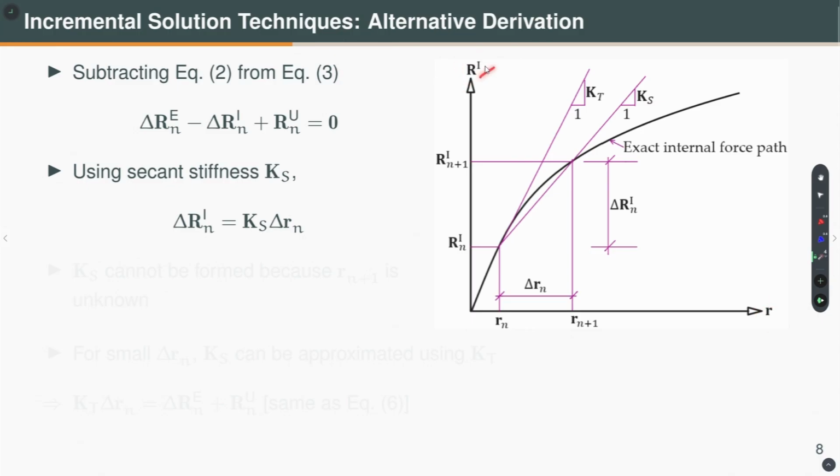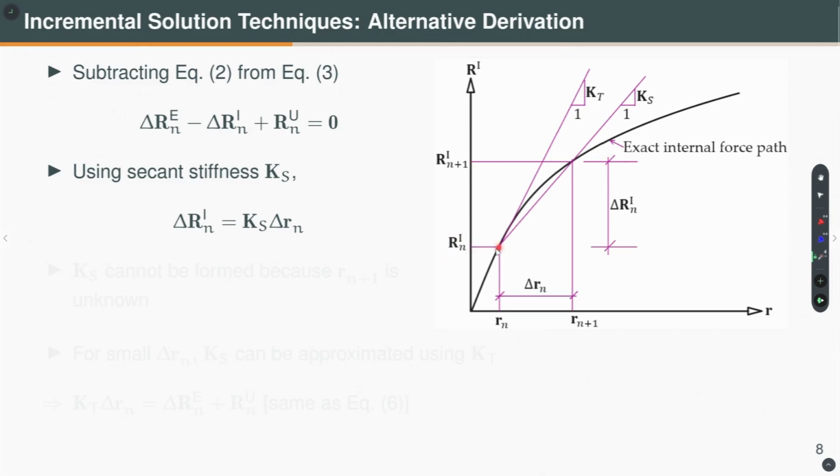So, let us say this is internal force and this is the displacement, and this is the actual or exact behavior of the system, or exact internal force path. If you apply displacement, this is how the structure is going to respond. It is nonlinear.